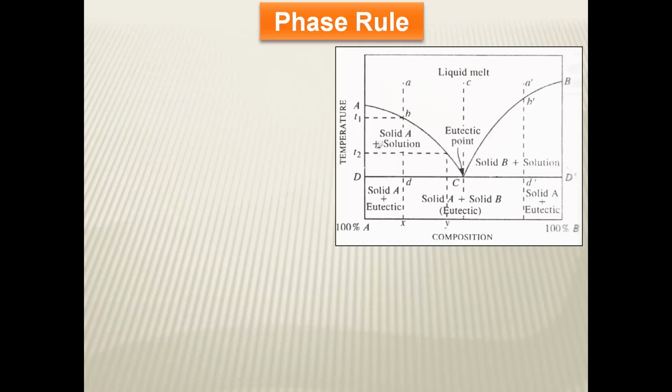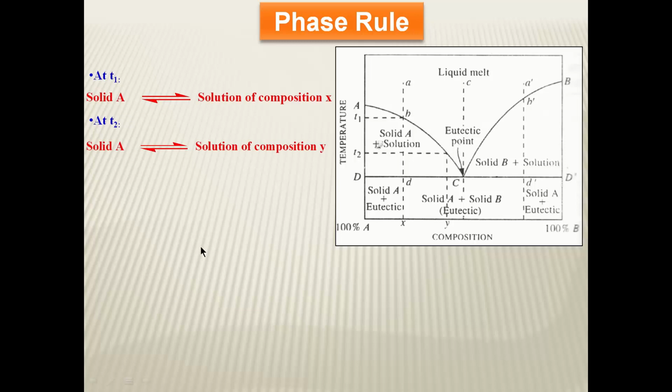Now, for this, at temperature T1, as I mentioned, solid A is in equilibrium with solution of composition X. At temperature T1, this solid A is in equilibrium with solution of composition X. This X corresponds to T1.